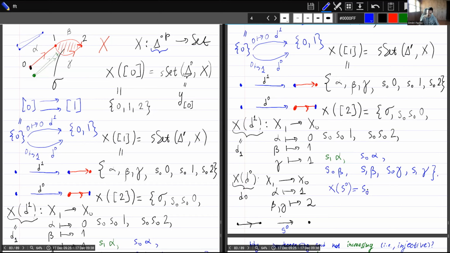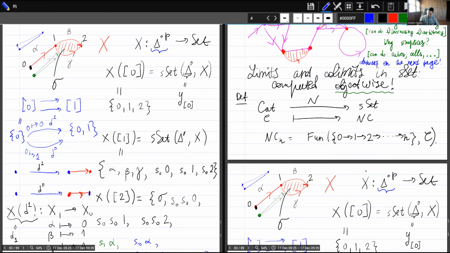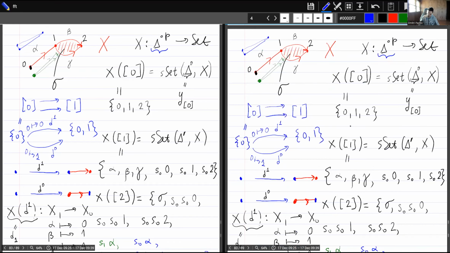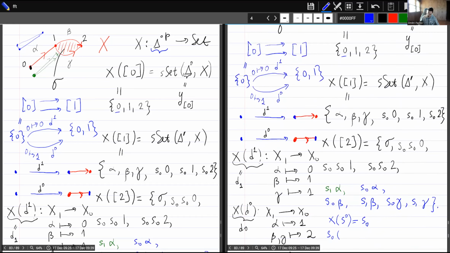Well, here it is a bit tautological because I did not introduce any special notation for degenerate simplices. So for example, you can say S0 applied to the vertex 0. Well, that will be 0 of 0, which is an element of this set.